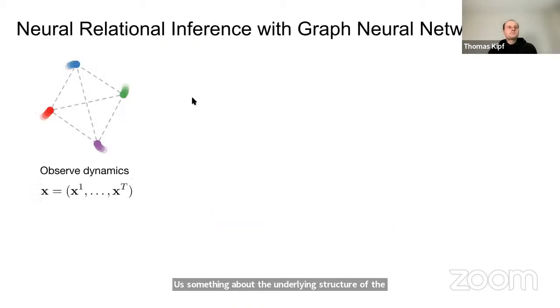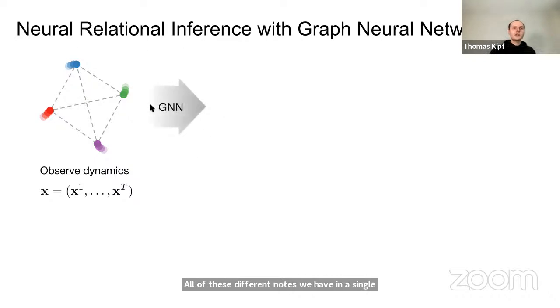And the way we do this is by first observing those dynamics. And again, as I mentioned before, those dynamics are described by feature vectors like position and velocity of every node at every time step. We have time steps 1 to t here, and I've already absorbed all of these different nodes into a single representation, so I'm not mentioning the node index here anymore.